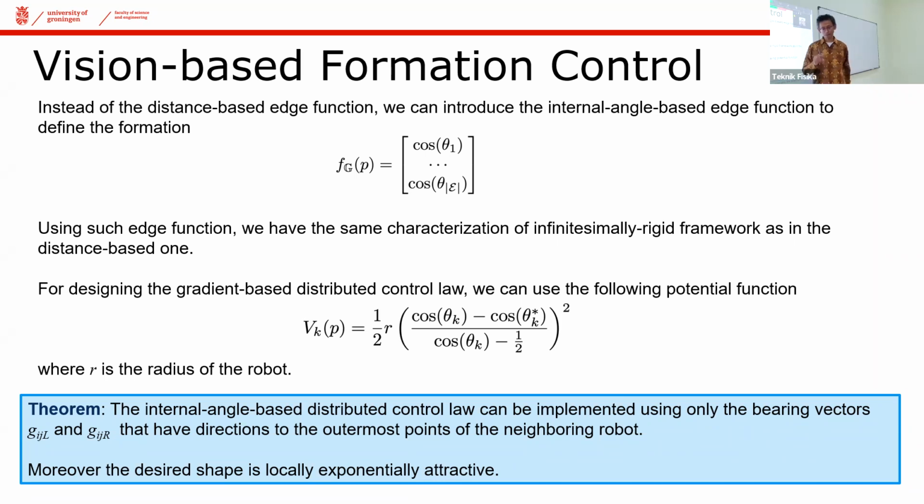Oh no, right. Also, right. So I think your question is because there is something in the denominator. In the denominator, it contains cosine theta k minus half. And your question is whether the singularity will be a problem there. Okay, so I can confirm to you that in our theorem, they will not go to this singularity. So theta k will always have a value higher than, wait a second, it's higher.